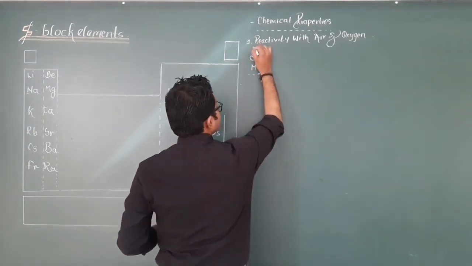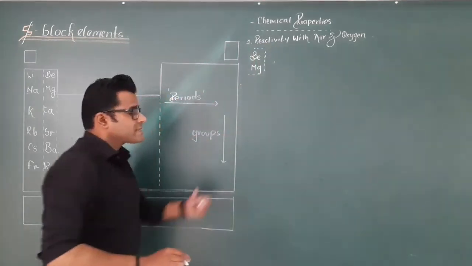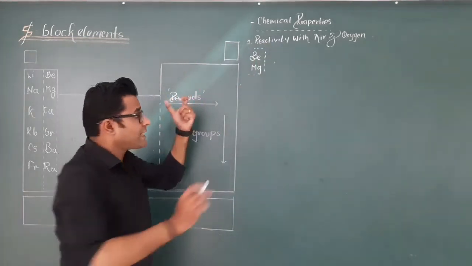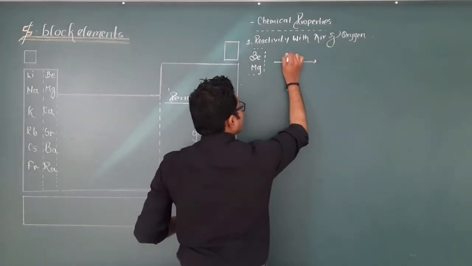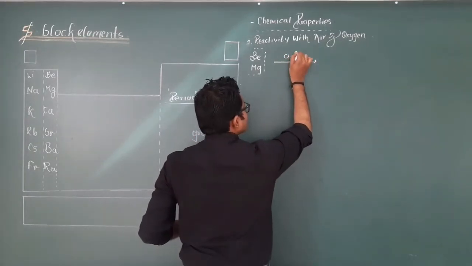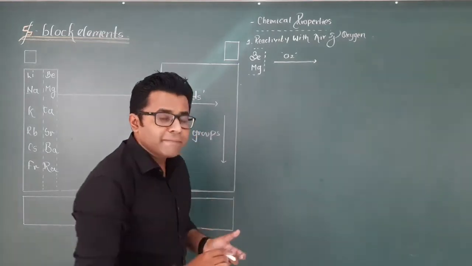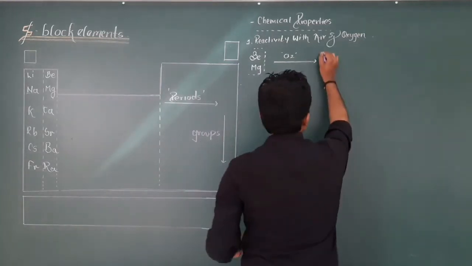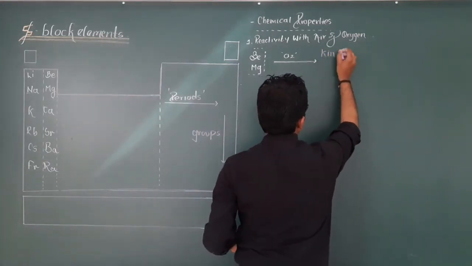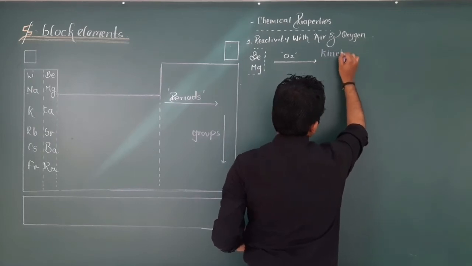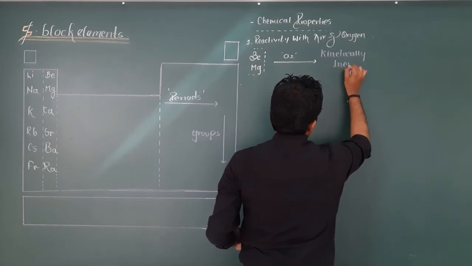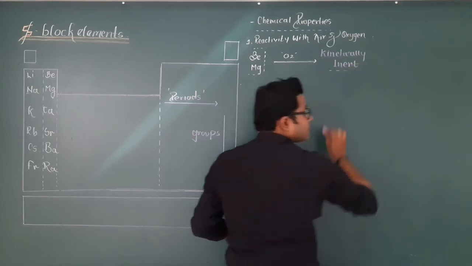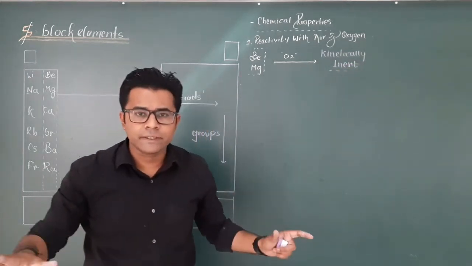In this case, when these metals react with oxygen, they become kinetically inert after some time. Kinetically inert, in a sense, means it is not going to react further.